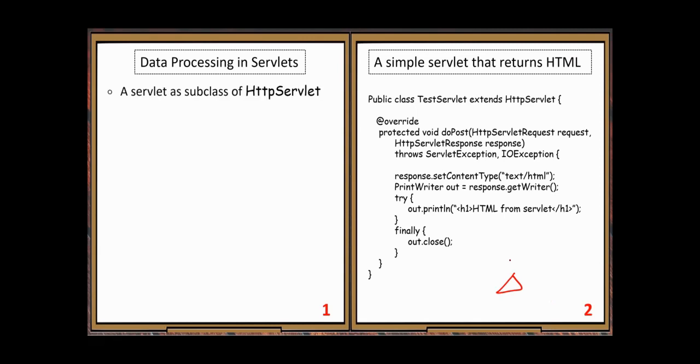First, we can see in Java, each servlet should be a subclass of this special class, HttpServlet, because we do not want to start everything from scratch. There are a lot of basic things wrapped inside this HttpServlet.